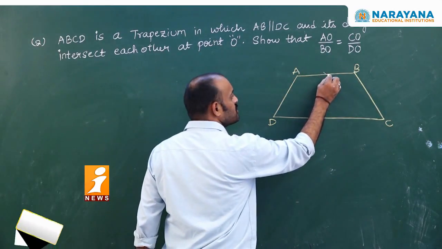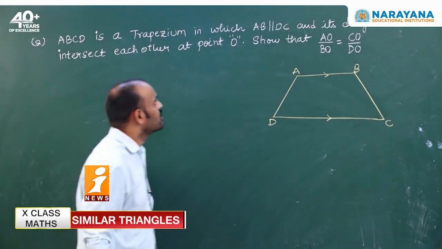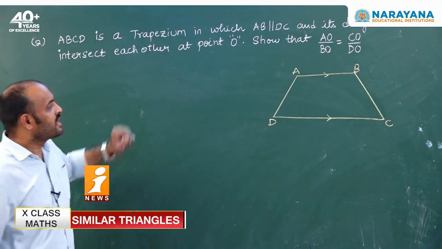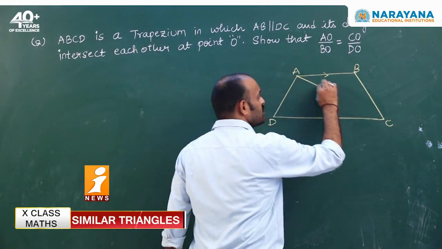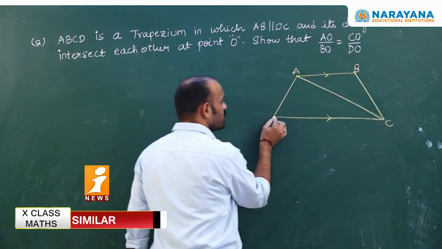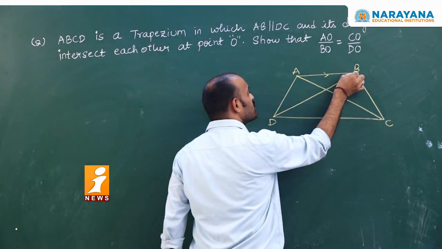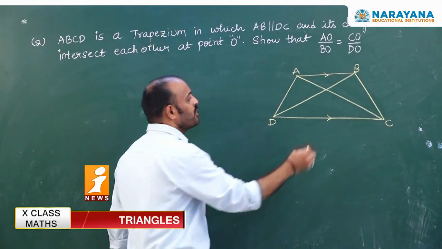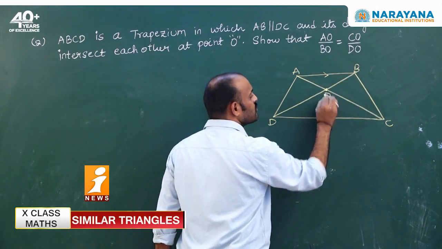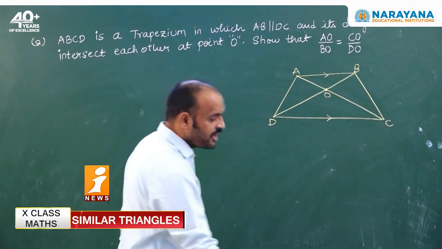Yes, AB is parallel to DC we have drawn. Its diagonals, AC is one diagonal, BD is another diagonal. Both will meet at a point O.